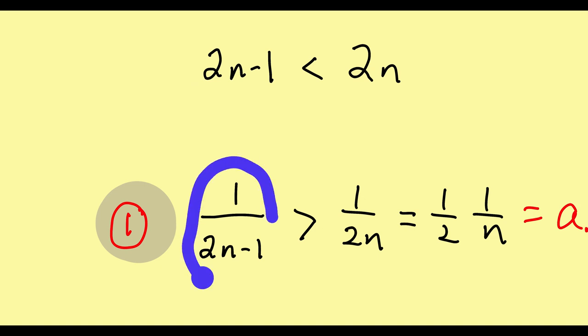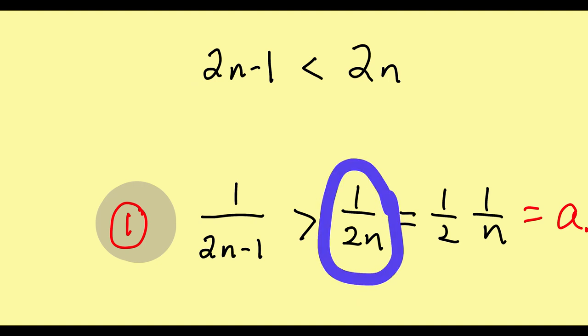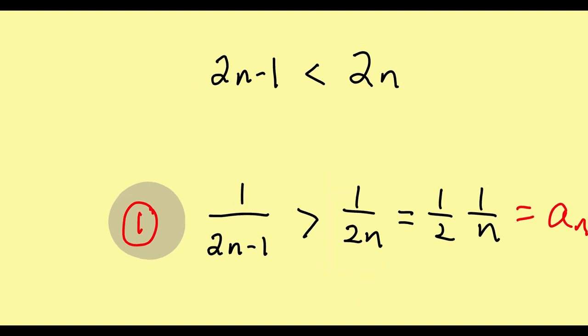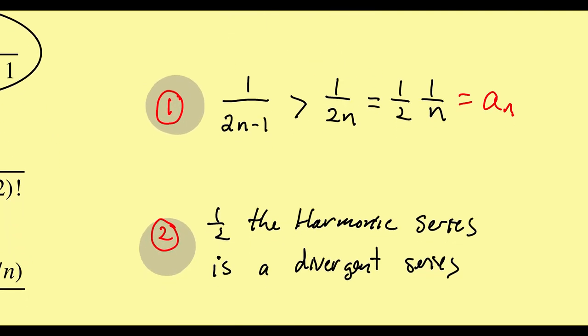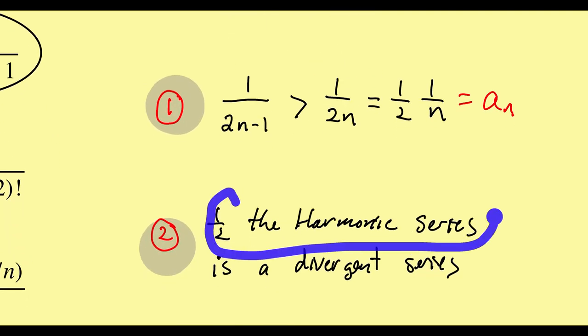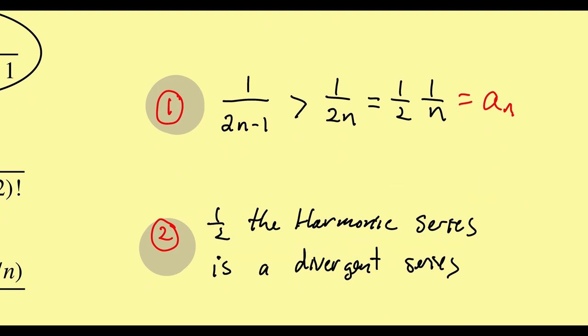This is the sequence of the series given to us. Here is a sequence for which we have information. In other words, this is 1/2 1 over n, and that is 1/2 of the harmonic series, and the harmonic diverges.